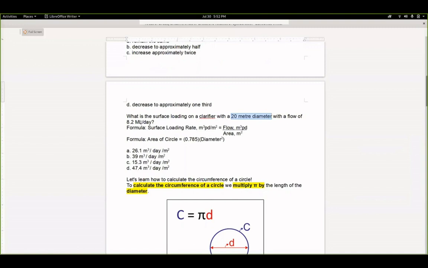So to translate the 8.2 megaliters per day, we are going to remember that there are 1,000 liters in every meter cubed. So if there's 8.2 million liters, then we can figure out what the meters cubed per day is.